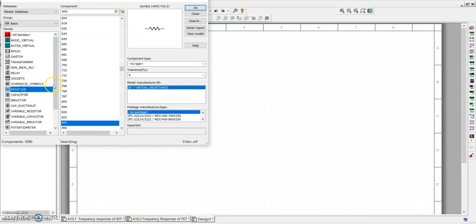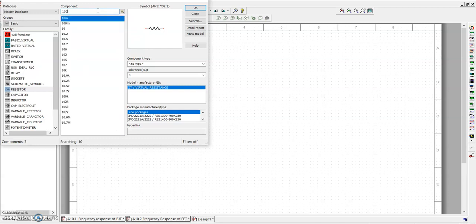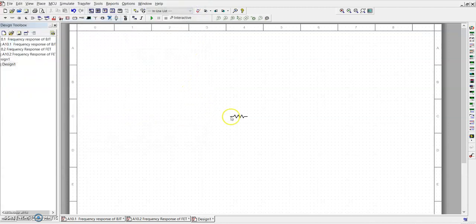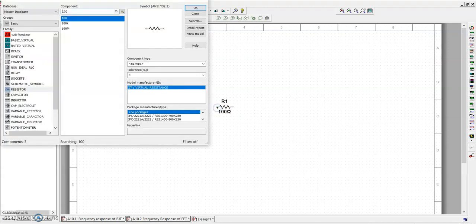If you want a specific value of resistor, you can select from the given values, or you can give your own resistor value. For example, I am giving 100. You can place the resistors wherever you want according to your circuit diagrams.